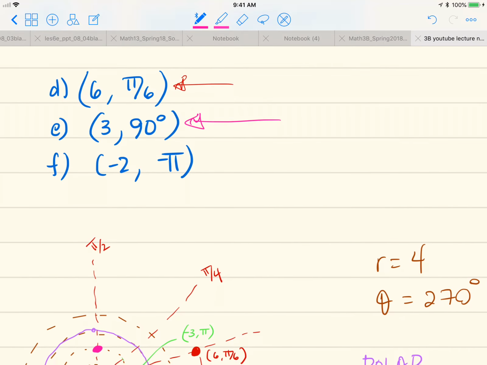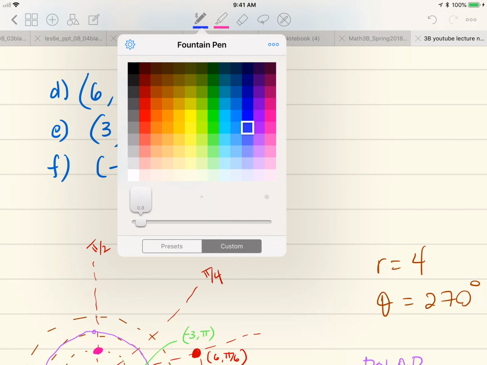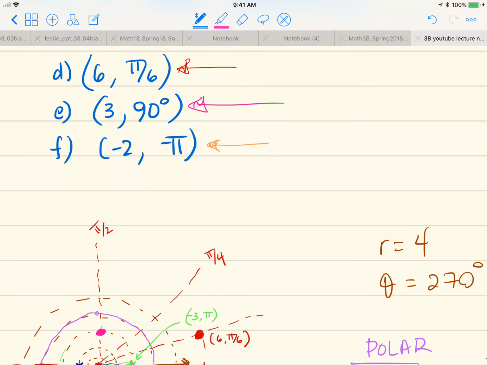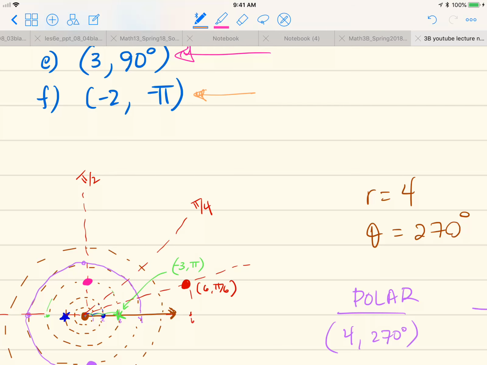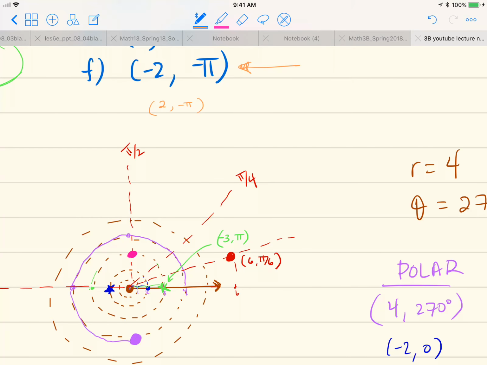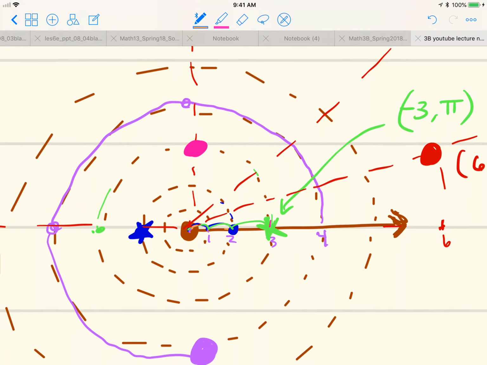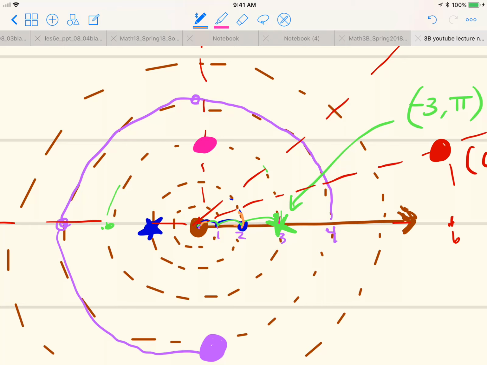And we've got one more, which is, oh boy, here's a doozy. This has got double negatives, so I need negative 2 comma negative pi. So the first thing I'm going to do, remember, is ignore the negative in my r. So I'll have 2 comma negative pi, and then I'm going to flip it over the pole. So what is 2 comma negative pi? I'm going to go out to 2, and then to go negative pi, instead of going in the counterclockwise direction, I'm going to go clockwise pi.